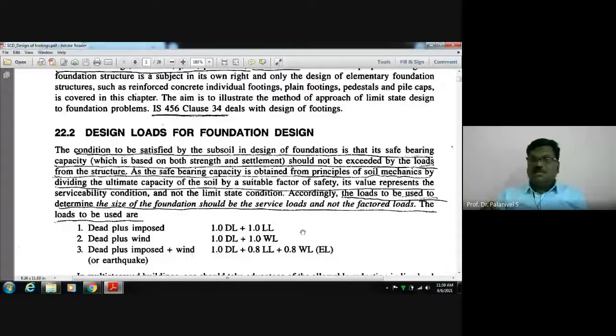Accordingly, the loads used to determine the size of the foundation should be the service loads and not the factored loads. Keep it in mind.